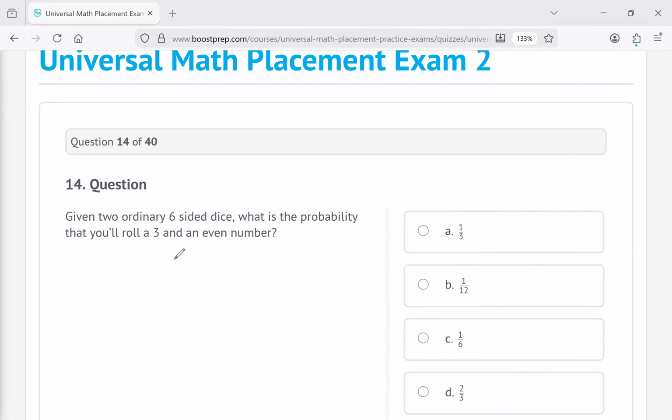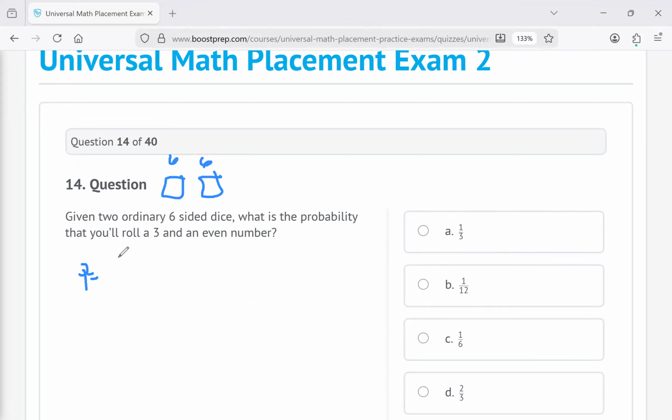Question 14. Given two ordinary six-sided dice, what is the probability that you'll roll a three and an even number? You have two dice, and you roll them, and each die has six sides.